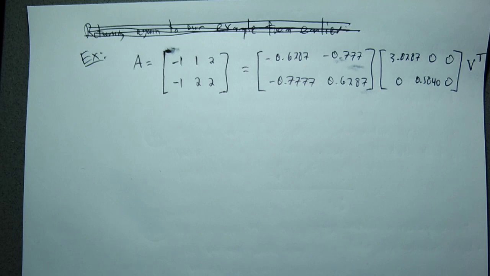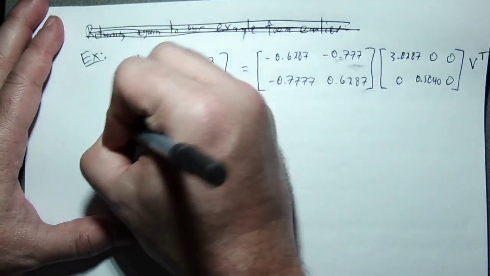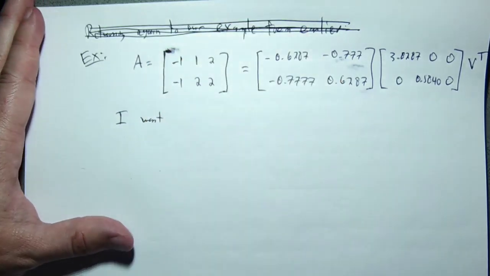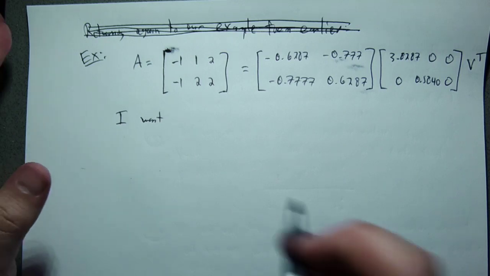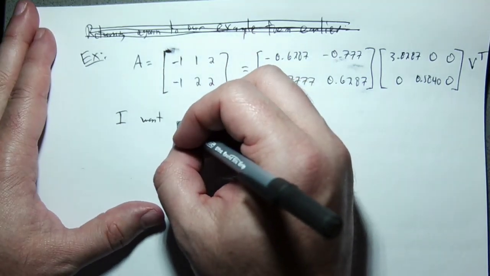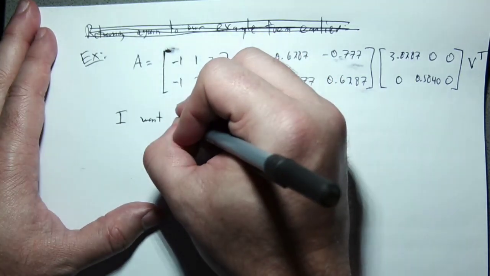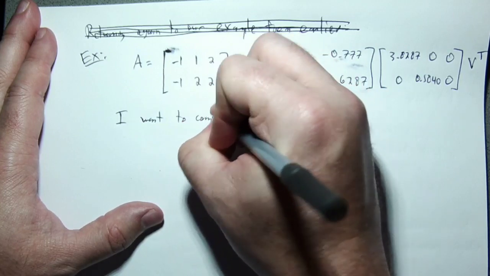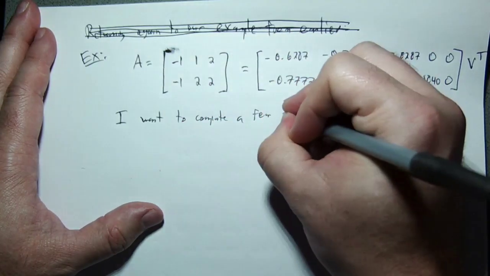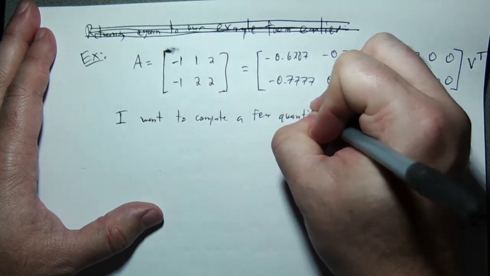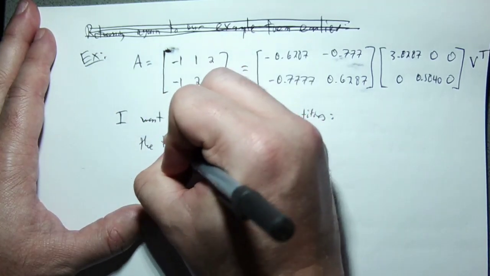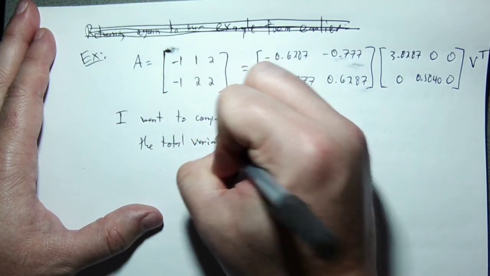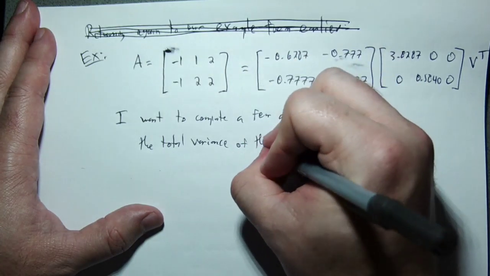So I want to compute some quantities. I invite you to go back to the example that we did earlier and compute these same quantities. You should do that on your own to test that you know what's going on. Namely, the total variance of the data.